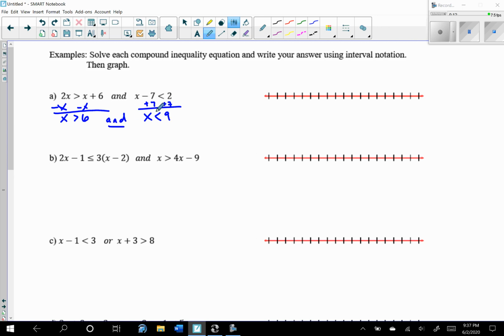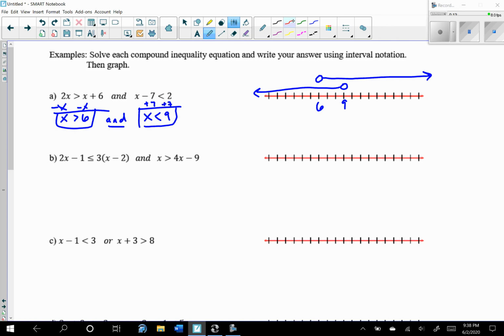So since this is an and problem, that means we're going to shade the intersection. So on my number line, I need a 6 and a 9. So here's 6, 7, 8, 9. And we know that we have numbers that are greater than 6, not equal to. So numbers greater than 6 go this way. Here we have numbers that are less than 9 but not equal to, so open circle going this way.